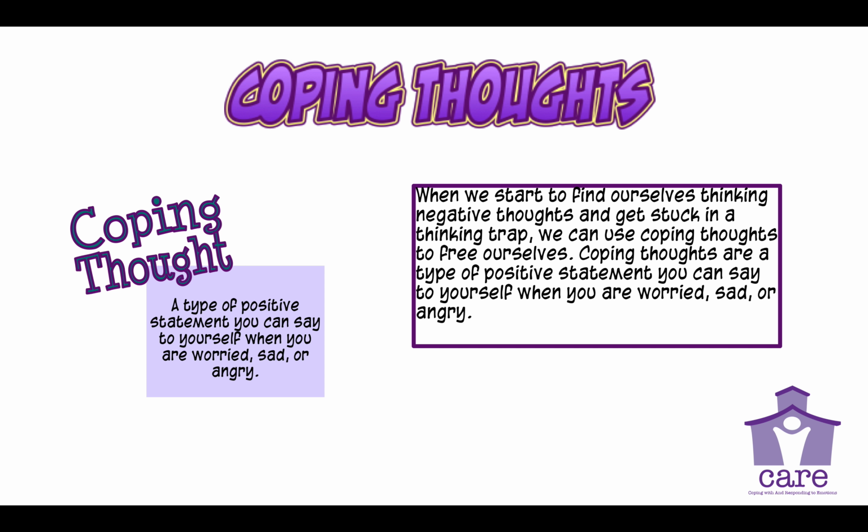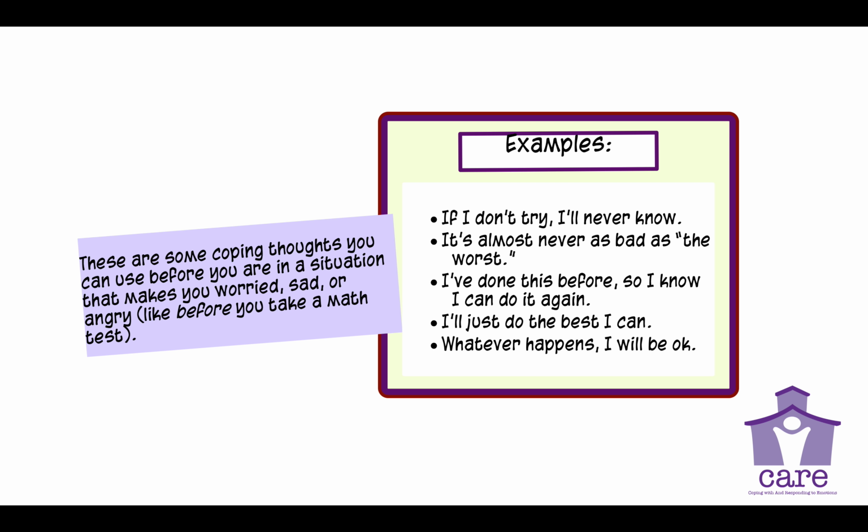And so a coping thought is a type of positive statement that you can say to yourself when you're feeling worried, sad, or angry, or when you're stuck in one of those thinking traps. And this is on page 81 of the student workbook. We have some examples of what coping thoughts might look like, and we broke them into 2 different sections.